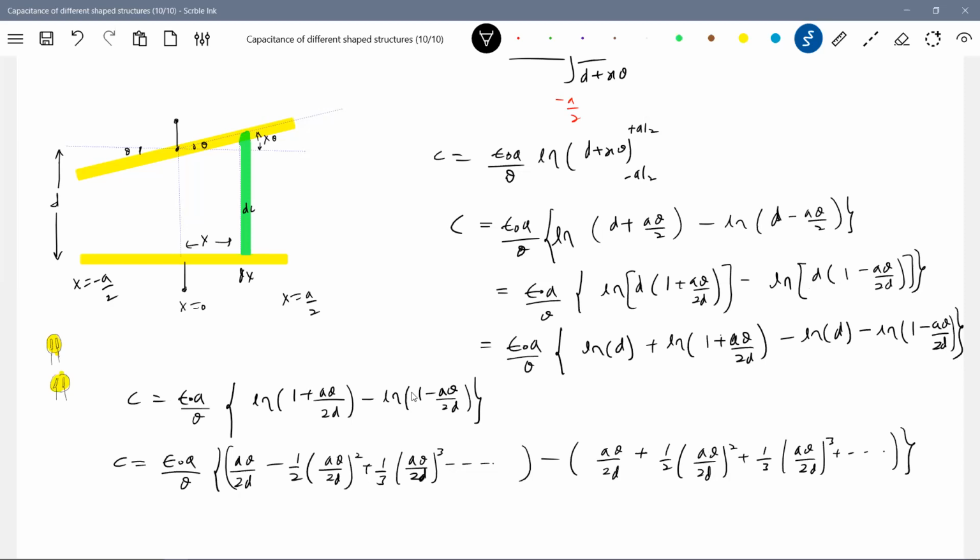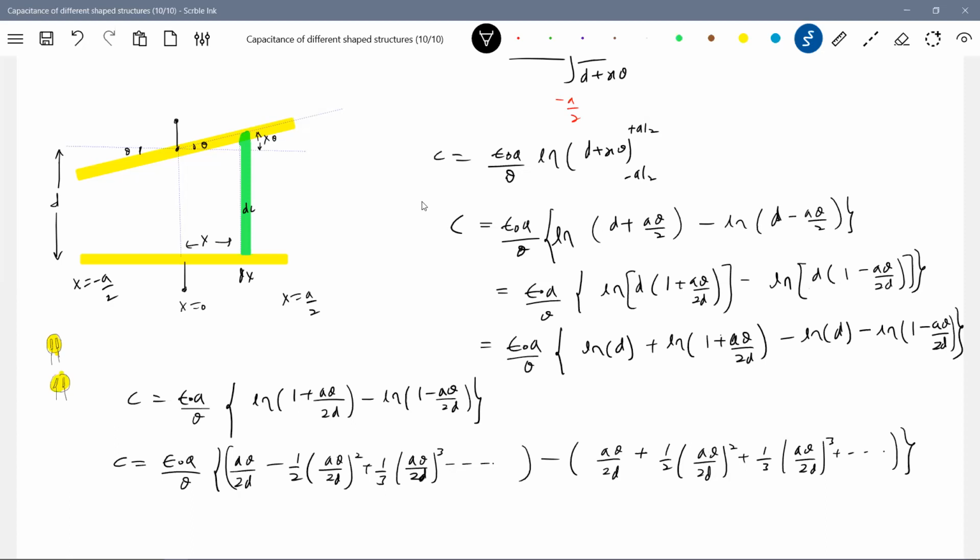Log of 1 minus x, minus x should come, I feel. Expansion of log of 1 minus x.